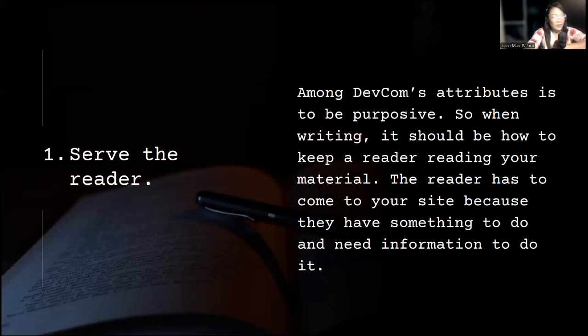It's laid back in the ancient year of my childhood. So, yes, we have to still be purposive.